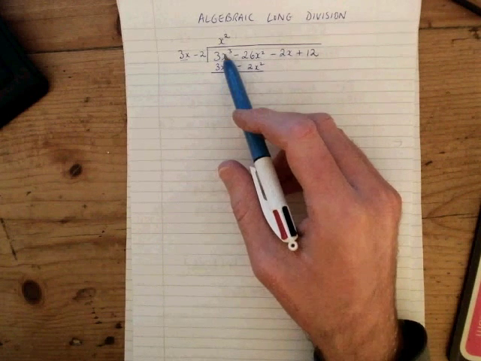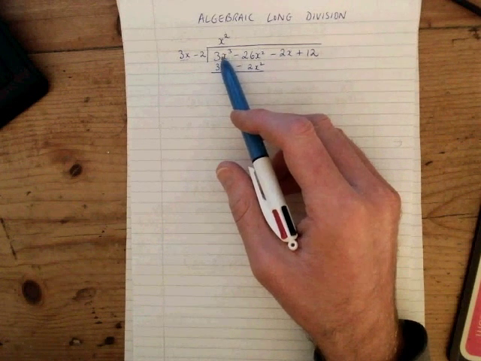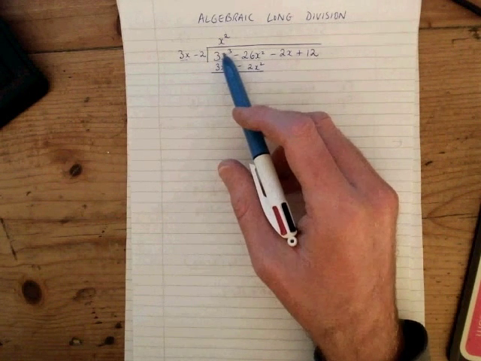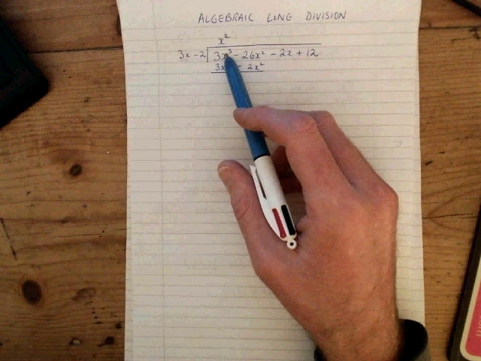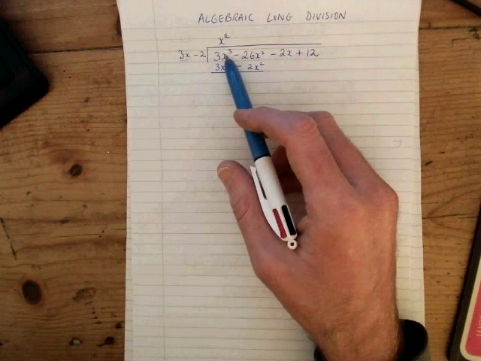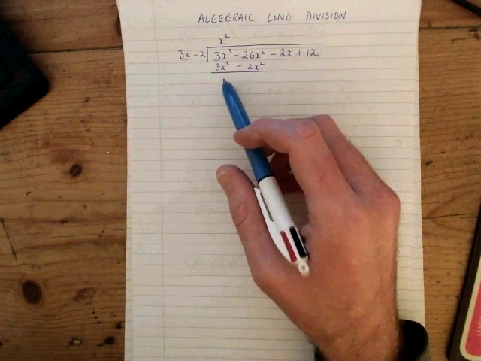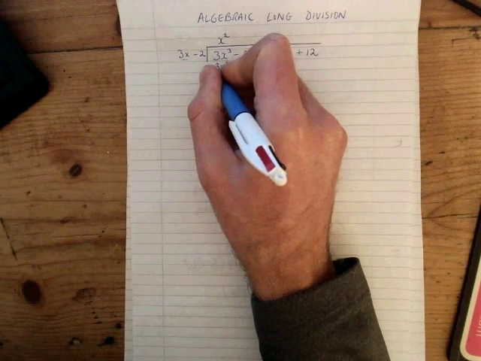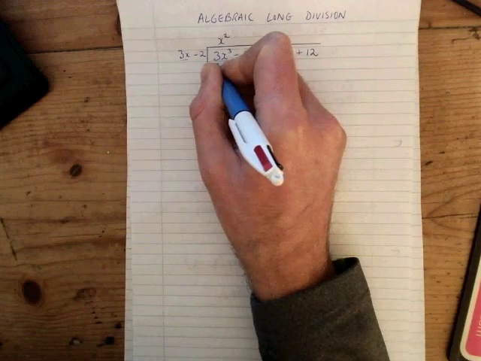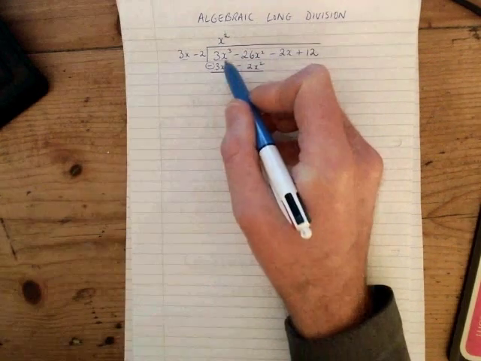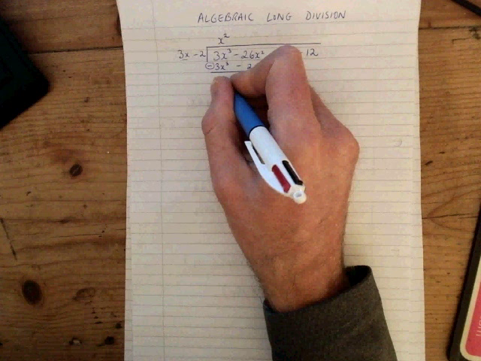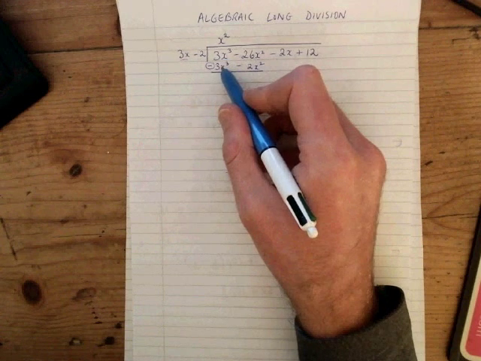From our previous work, if these were opposite signs and you added them together, you would get 0. So that's what we're going to work off. If I took 3x cubed away from 3x cubed, that would leave me here with 0. I don't really want to put 0 in there, but we know that 3x cubed minus 3x cubed is 0.